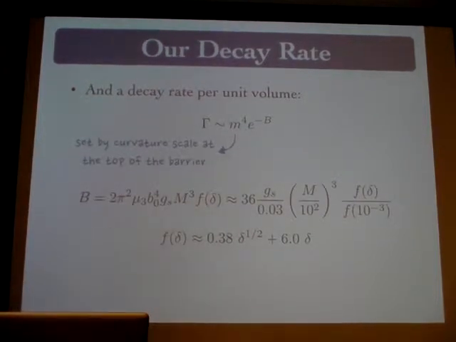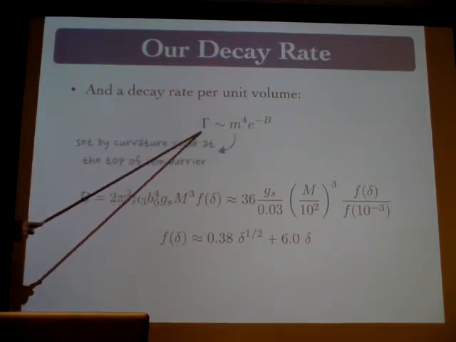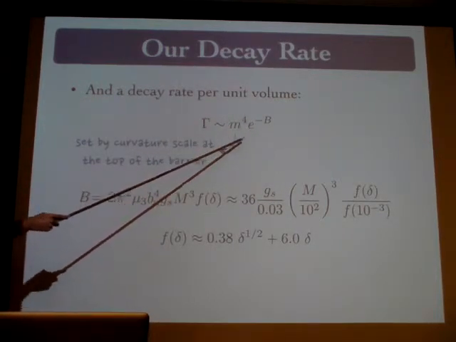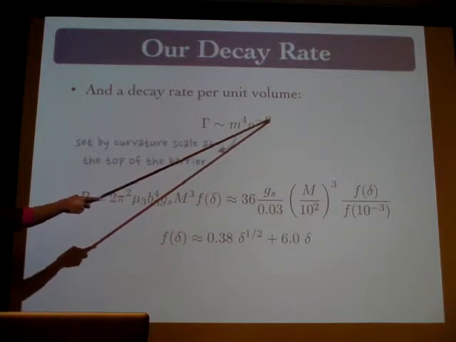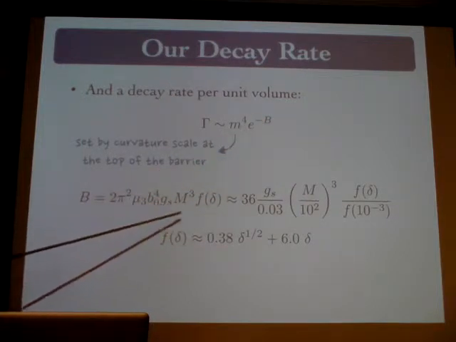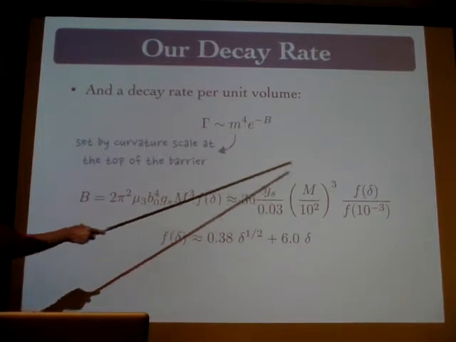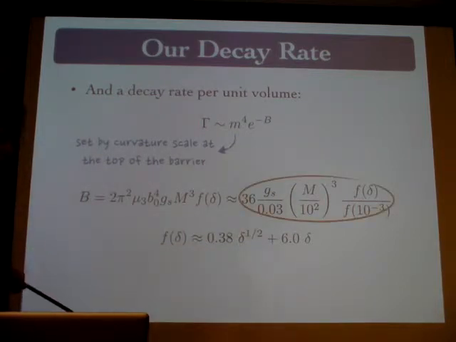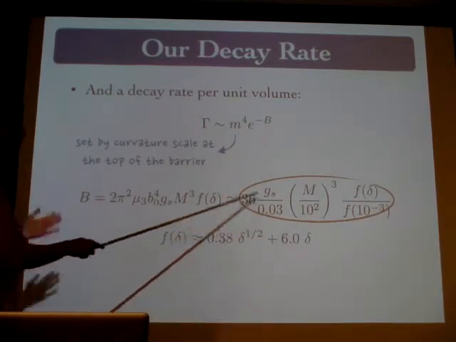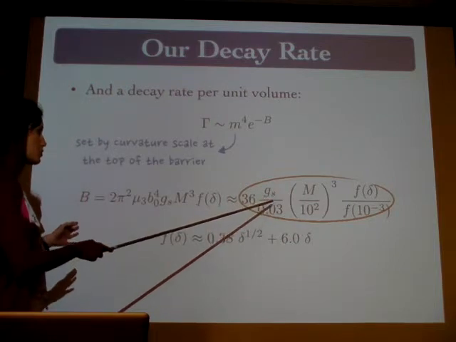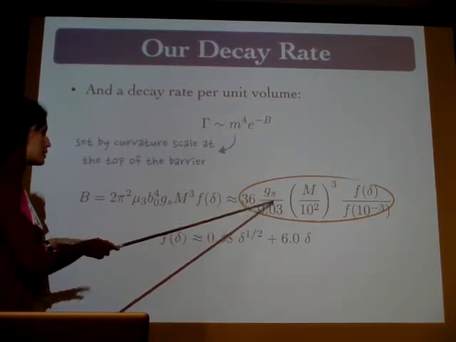And regarding the decay rate, as I said before, in general the decay rate per unit volume has this form. For the value of the action evaluated at the bounce, we find an expression of this form. Just look at this last part here. So it's a numerical factor. It obviously depends on what the value of the string coupling is.